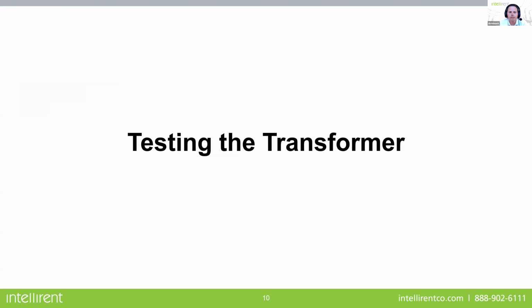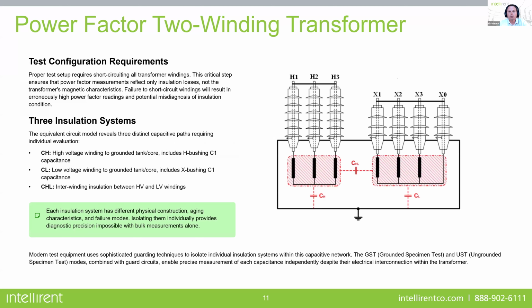And going into the tests, I'm going to kickstart everything with power factor. Power factor is a really great tool to identify the overall health of the insulation. So what you do is you short all the high side together and then the low side together.